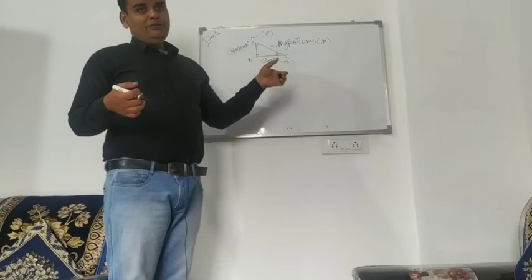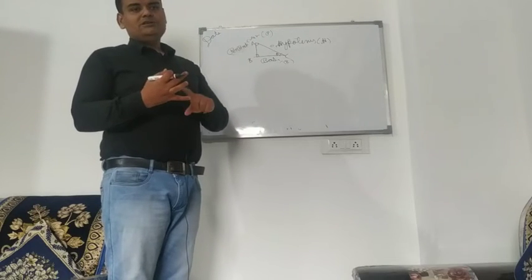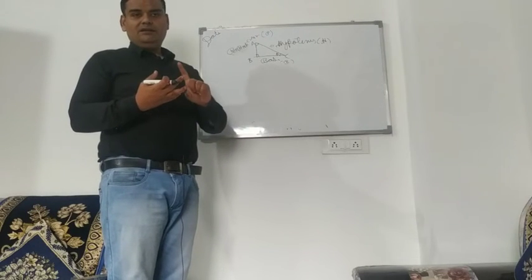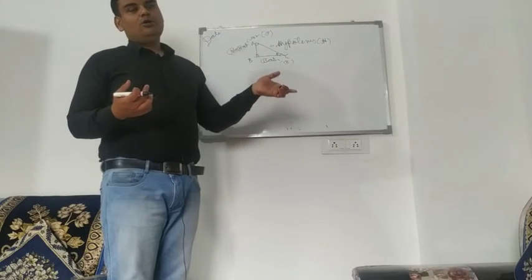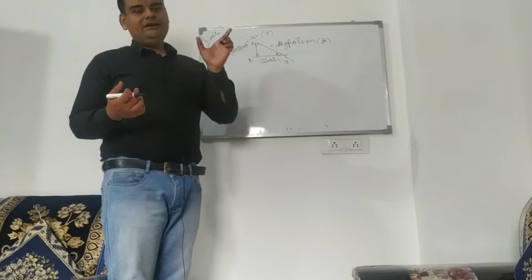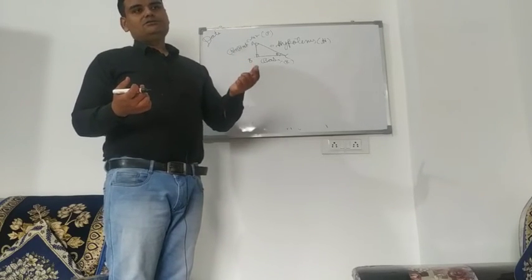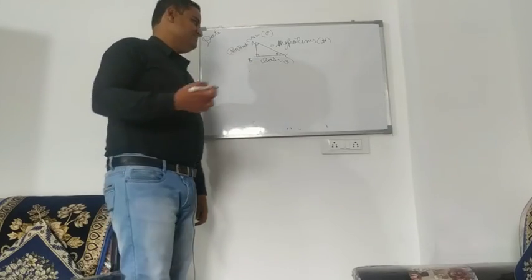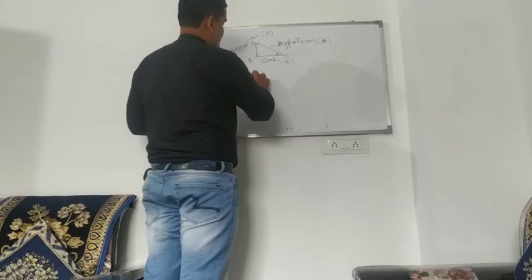Similarly, we learned trigonometrical ratios. There are six: sine, cosine, tan, cosec, sec, and cot. We learned that the opposite of sine is 1 upon cosec, the opposite of tan is 1 upon cot, and the opposite of cos is sec. So in one go, I write all of these.